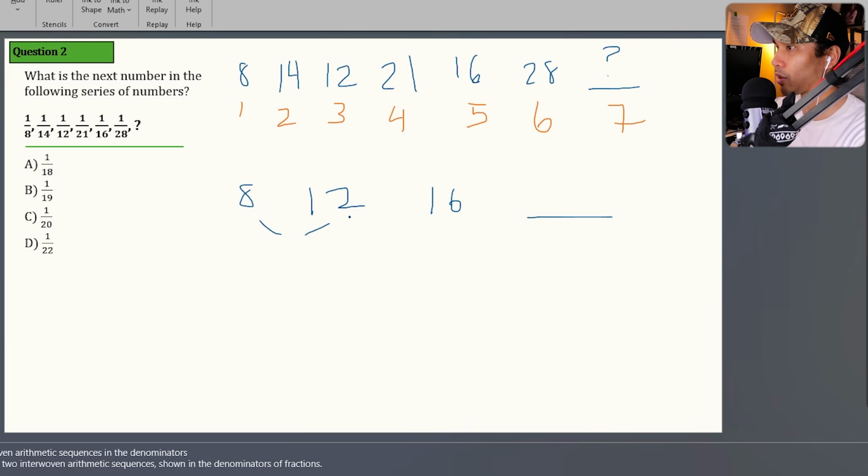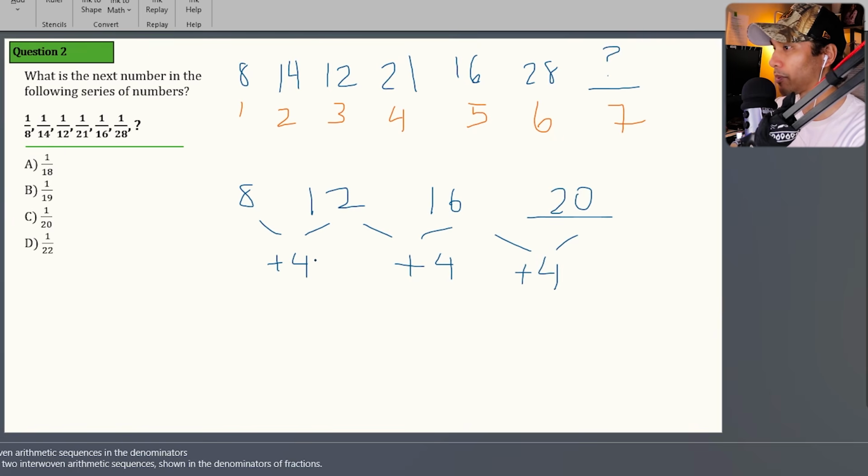So 8 to 12, I see a +4, which had nothing to do with what I just did with the transitions. And over here, another +4. So it has to be +4, right? 16 + 4 to get 20.